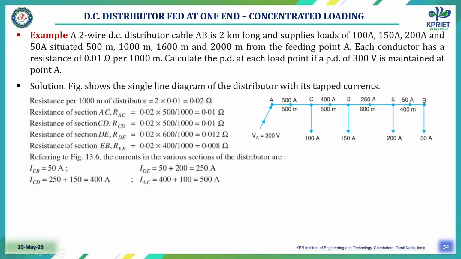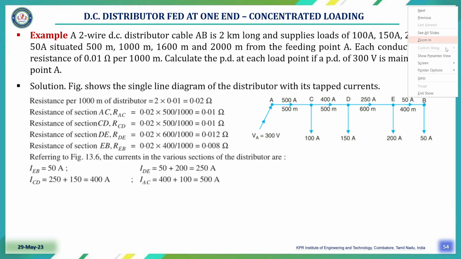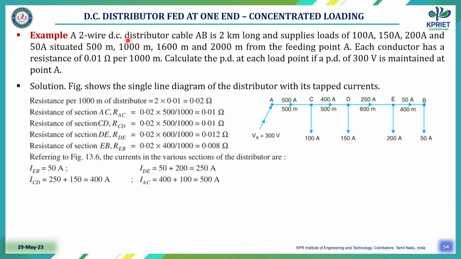Okay, this is a given example. A two-wire DC distributor cable AB is 2 km long.